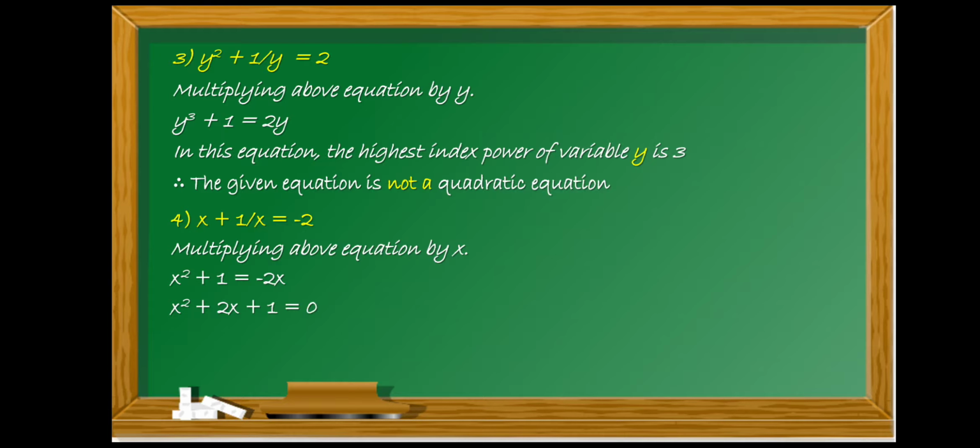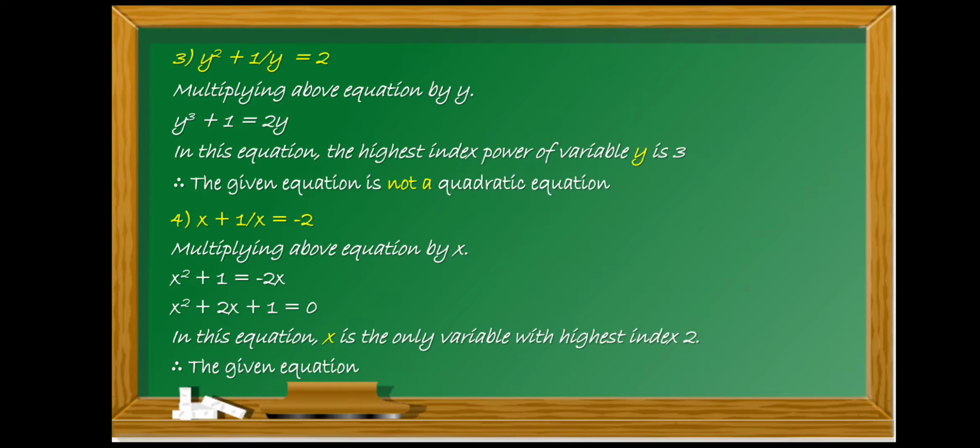You will get x square, minus 2x will become plus 2x, plus 1 equal to 0. So you will see it is a standard form of the quadratic equation and the highest index power of the equation is 2. Therefore, in this equation x is the only variable with highest index power 2. Therefore, the given equation is a quadratic equation.